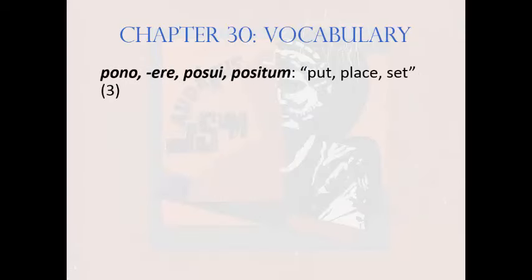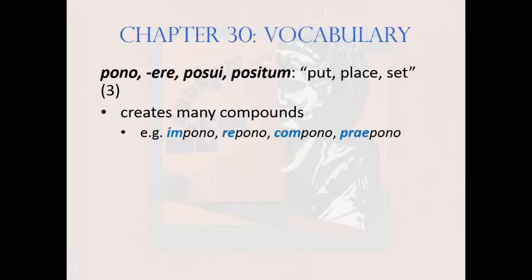Next is another third conjugation verb, pono, ponere, posui, positum, meaning put, place, or set. A verb that is itself both widely used and has created many frequently used compounds, such as impono, place on, repono, put back, compono, put together, praepono, place before.